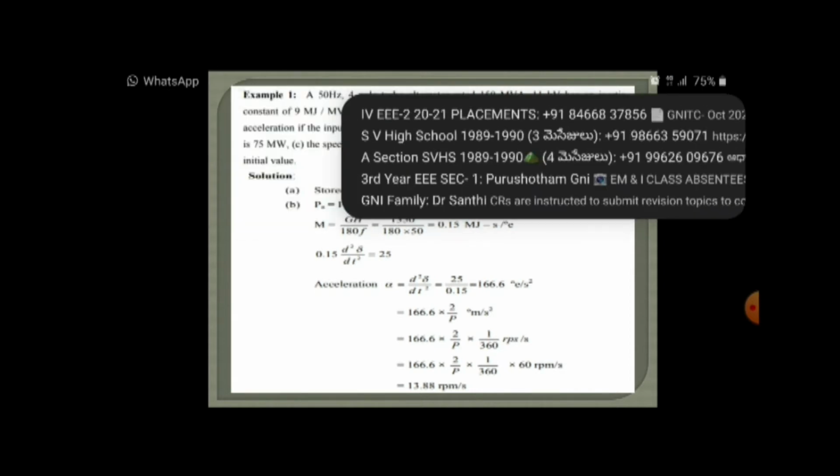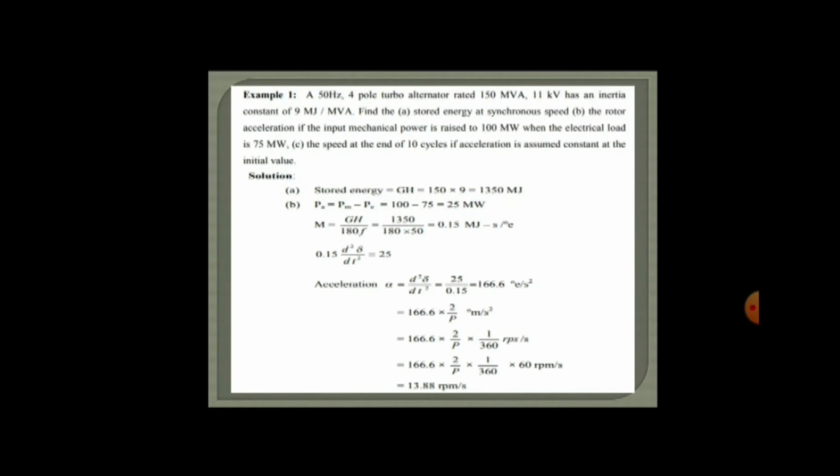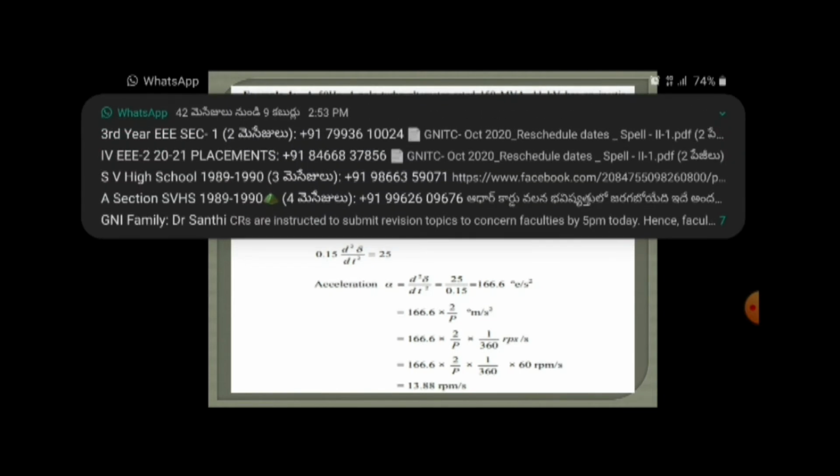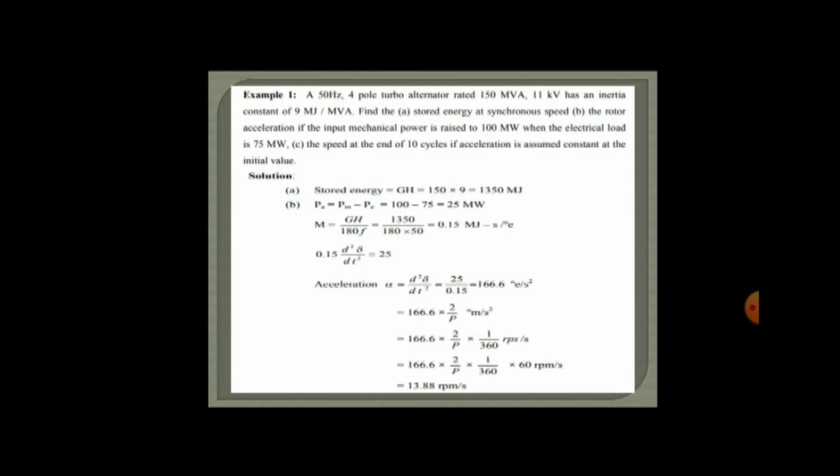You have to know the acceleration formula: acceleration alpha equals d square delta by dt square. So d square delta by dt square is 25 by 0.15, you will get 166.6 electrical degrees per second square.